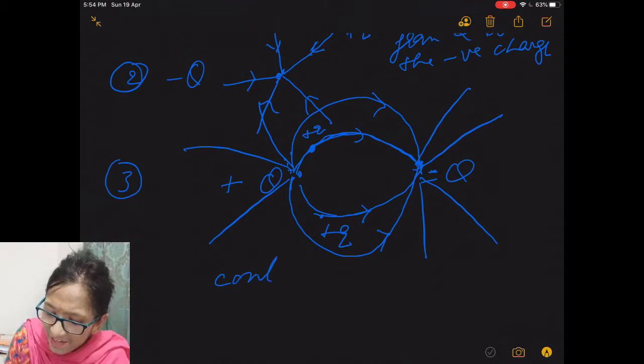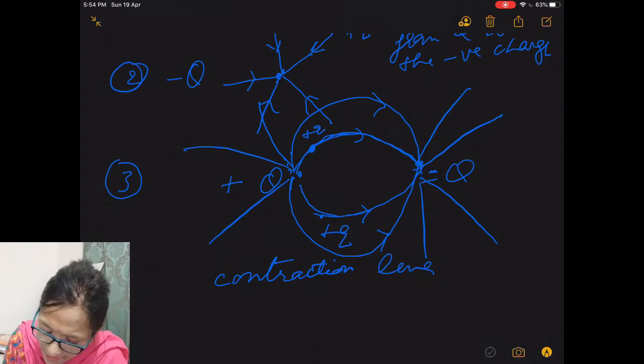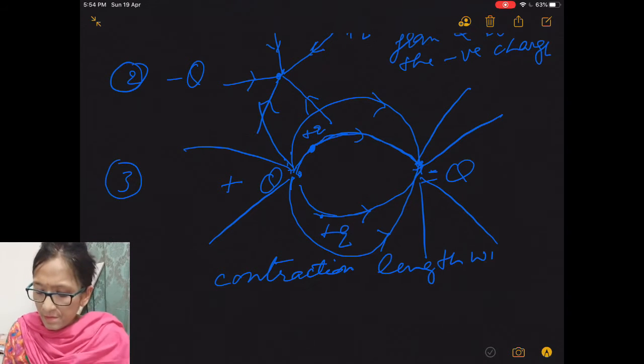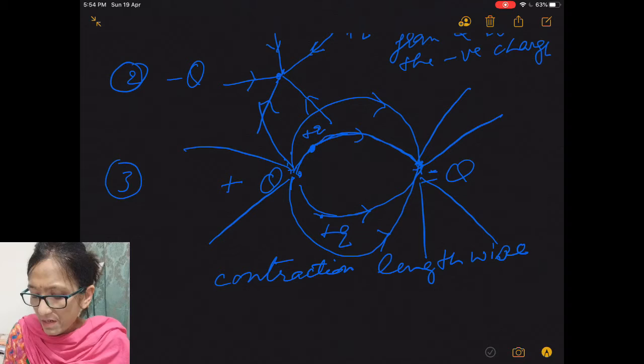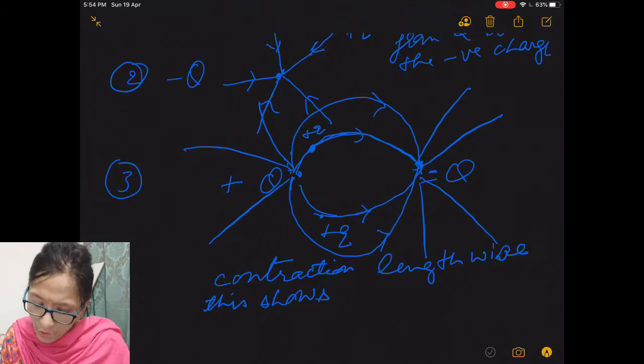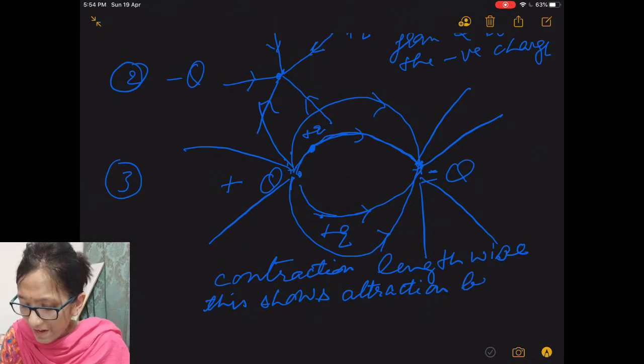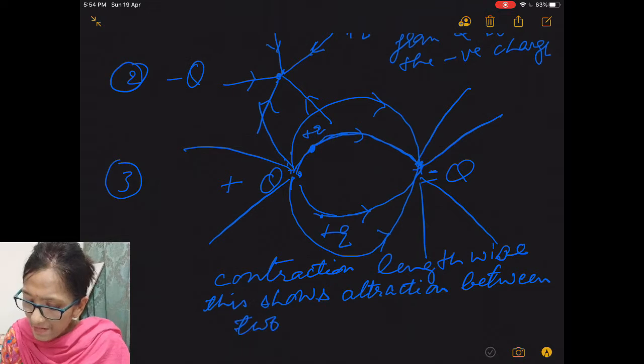So in this case, we see that there is contraction lengthwise, and this shows attraction between two unlike charges.